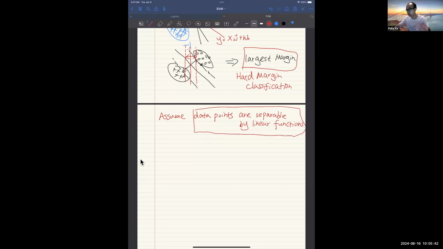But if some data are not linearly separable, what we can do is lift them up into higher dimensions. It might give you a linearly separable situation. And also we need to have a unit length vector for the hyperplanes.